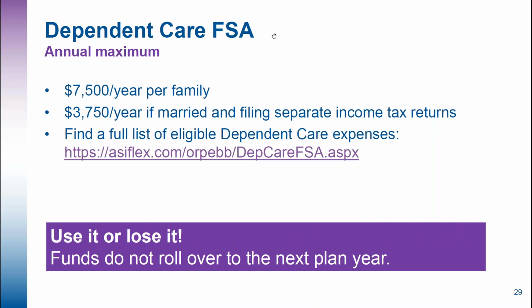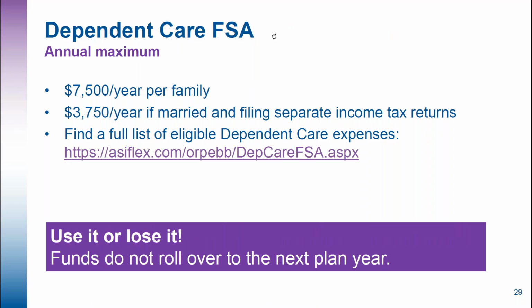So if your spouse works for Cold Stone Creamery and you work for PEBB and they have a dependent care FSA, the two of you combined cannot put more than $7,500 a year back for the dependent care FSA.